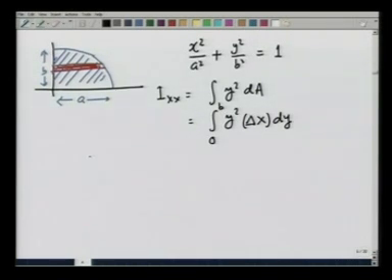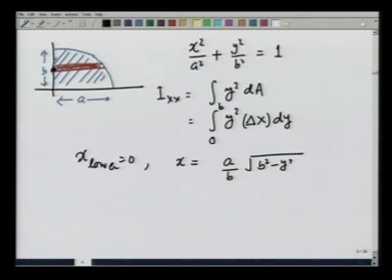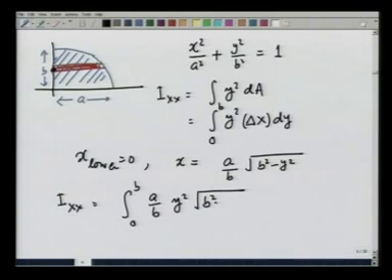From the equation, x lower is 0, that is this point, and I also know from the equation of the ellipse that x is equal to (a/b) times the square root of b² minus y². Therefore, I_xx is going to be the integral from 0 to b of (a/b) y² times the square root of b² minus y² dy. This is what we have to integrate.